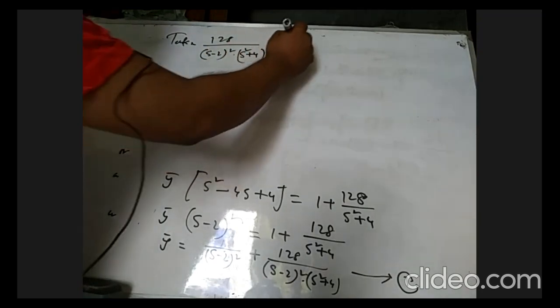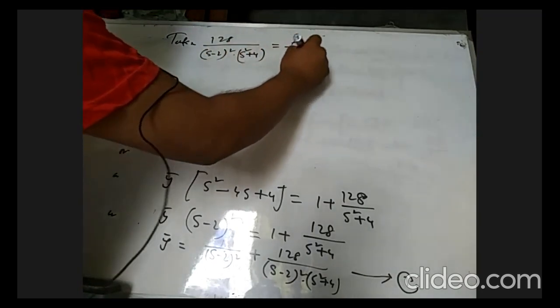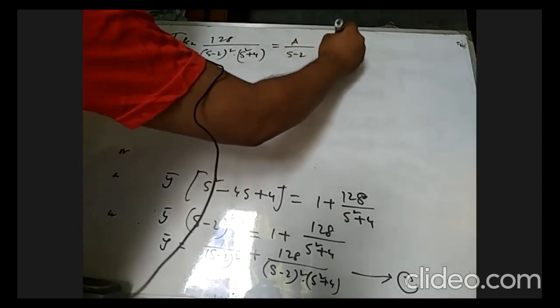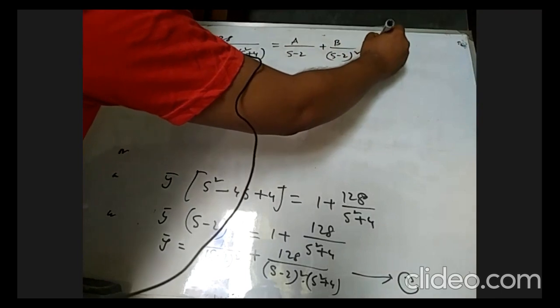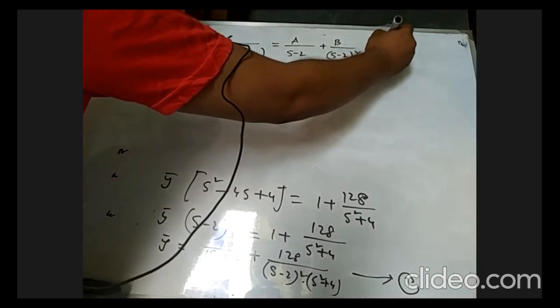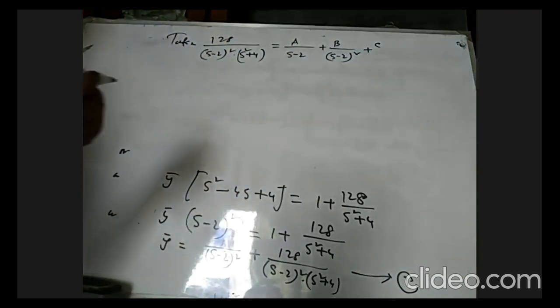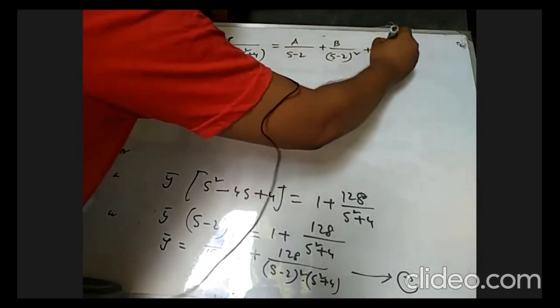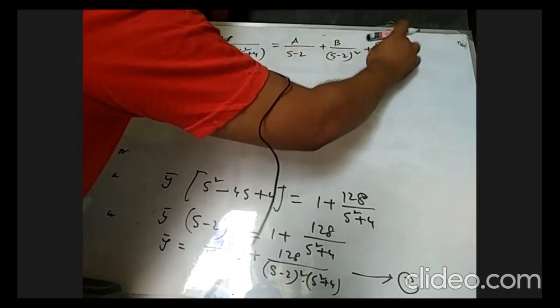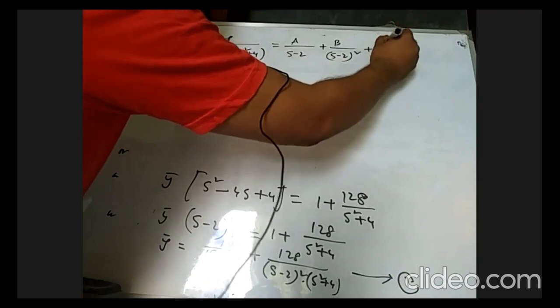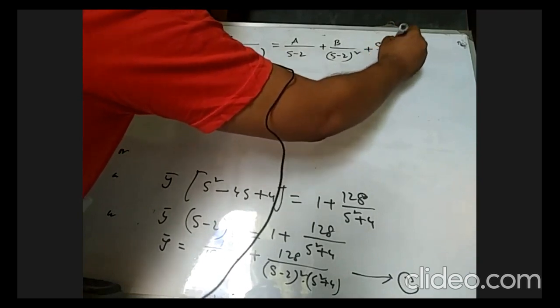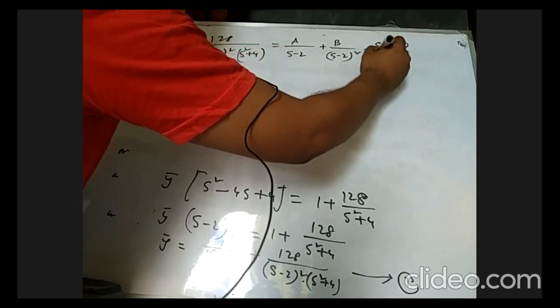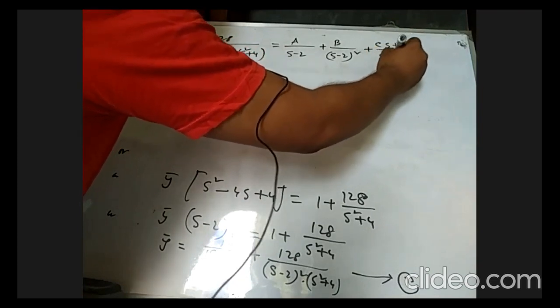It can be written as A divided by s minus 2 plus B divided by s minus 2 whole square plus Cs, here s is the variable, Cs plus D divided by s square plus 4.